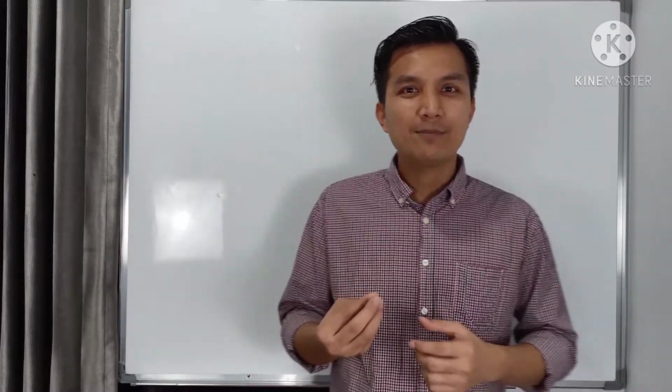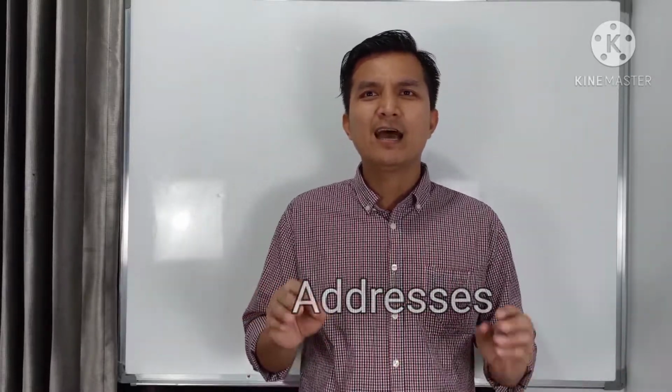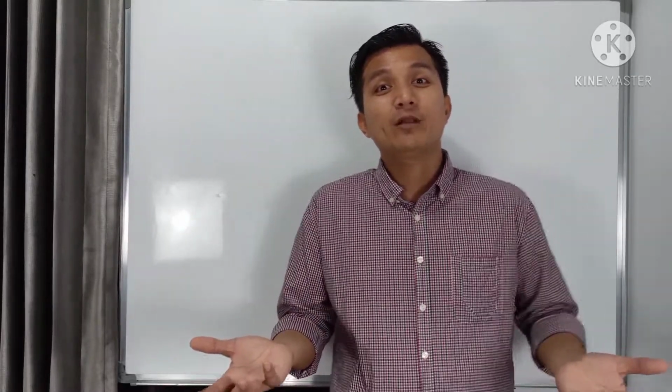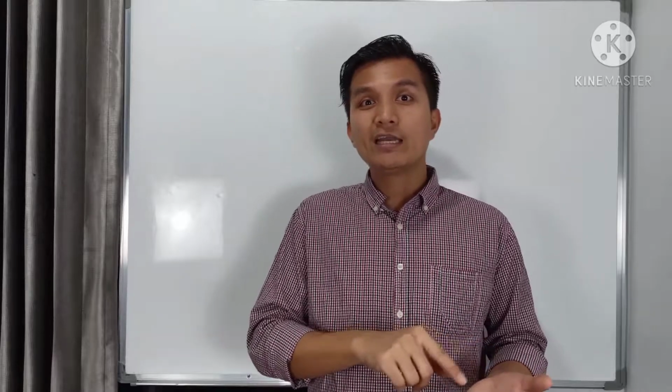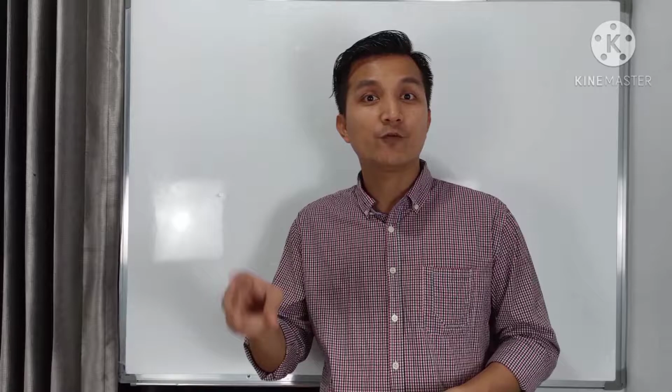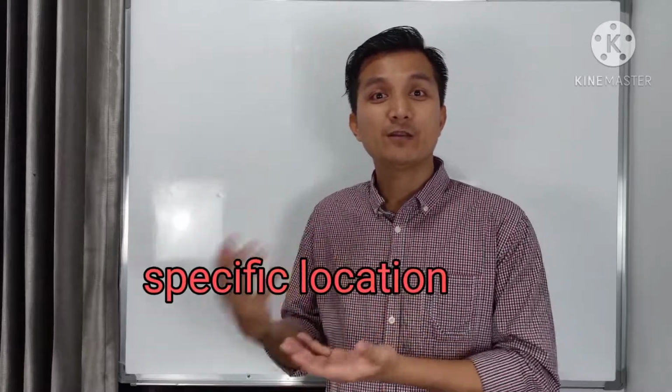So what else? If we are talking about certain addresses, I'm not just going to say I live on 7th Avenue when someone asks me where I live, because at is for very specific locations, right? So you will be saying, I live at Tropicana condominium, at room 12345, something like that, okay? So it's a specific time and it's a specific location.